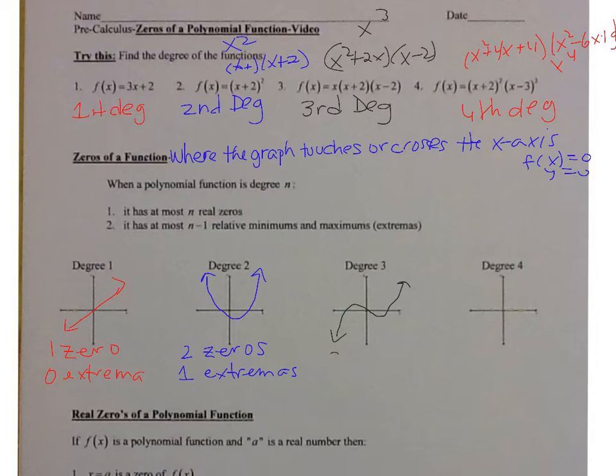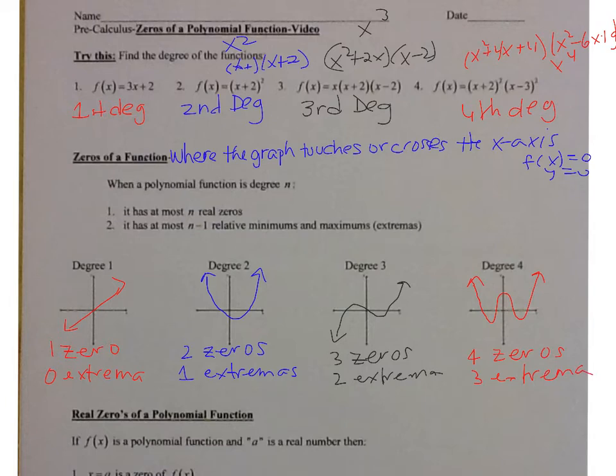And this would have 3 zeros. And that would have 2 extrema. A fourth degree polynomial would look like this. Something like this, anyway. Okay, so this has 4 zeros, right? Crosses the x-axis 4 times, which means it has at most 3 extrema.